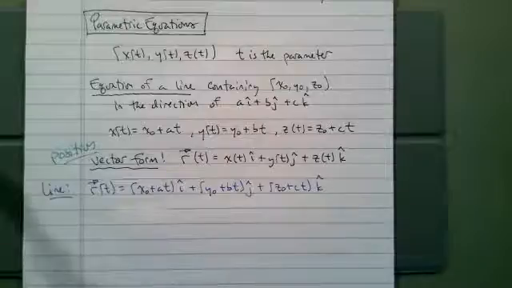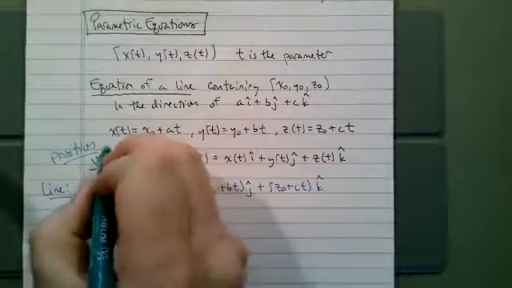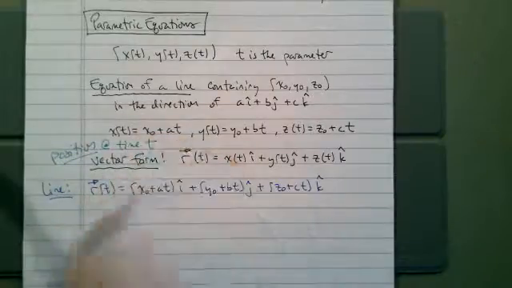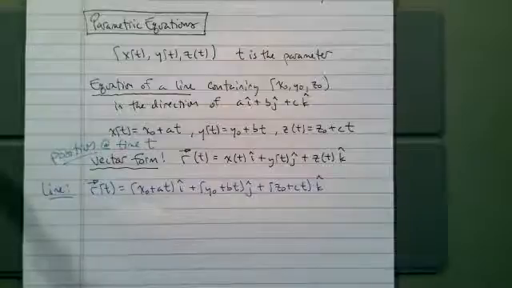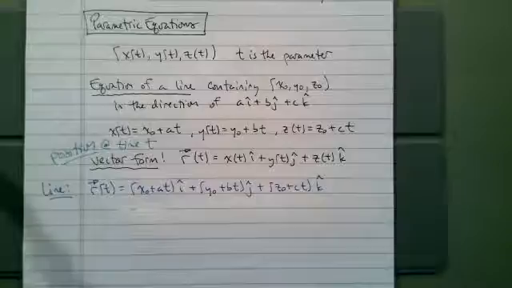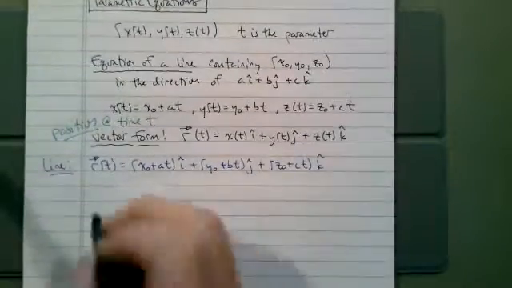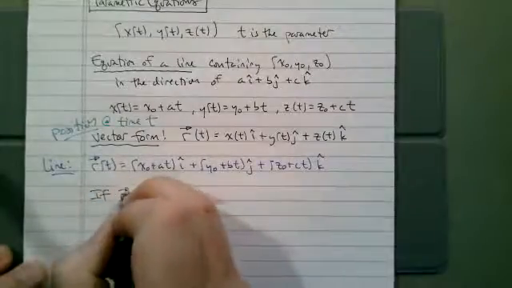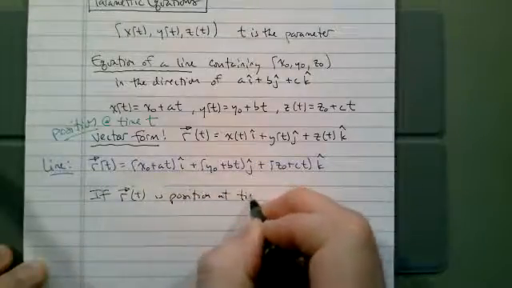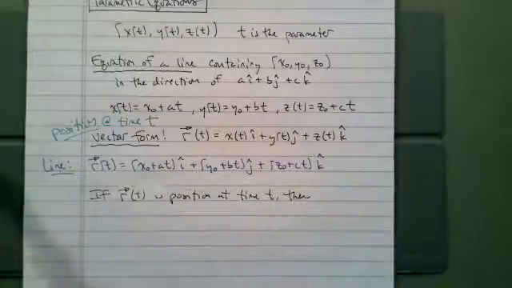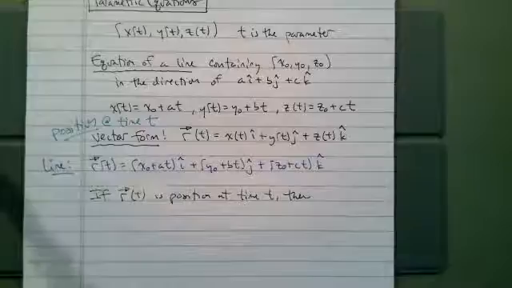If this is, say, a position at time t, if I make my vector a position vector at time t, so we plug in t, we get x, y, and z, and we get the location of a point, then the derivative should tell us the velocity. So if our vector describes position, then our derivative should be the velocity at time t.